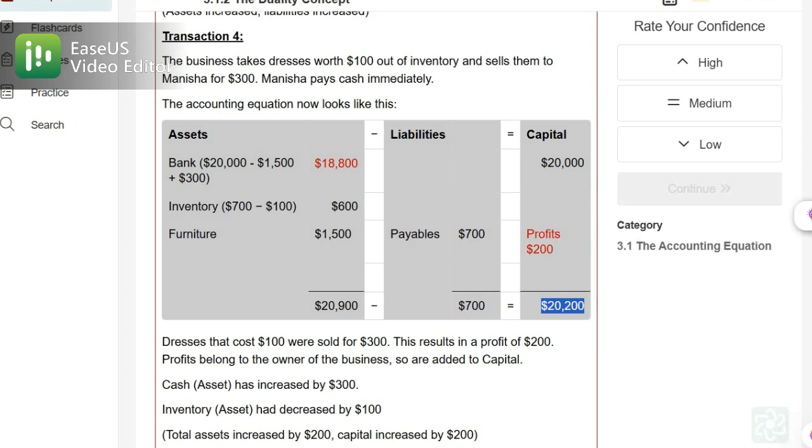So you sold the dresses, the cost was 100, and you sold at $300. So the cash asset increased by 300, inventory asset decreased by 100, and you just get a profit of 200. So this profit increased your capital by 200. So asset increased by 200, capital is also increased by 200, right?